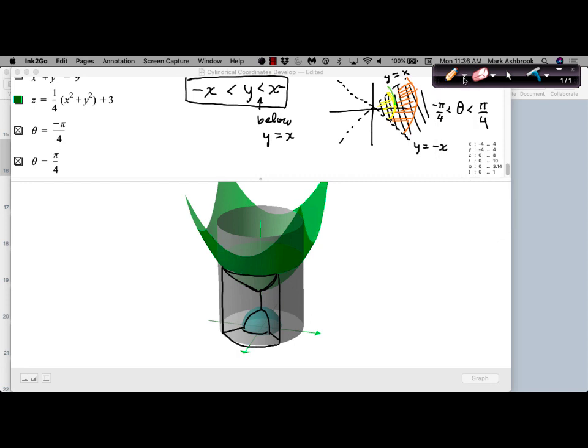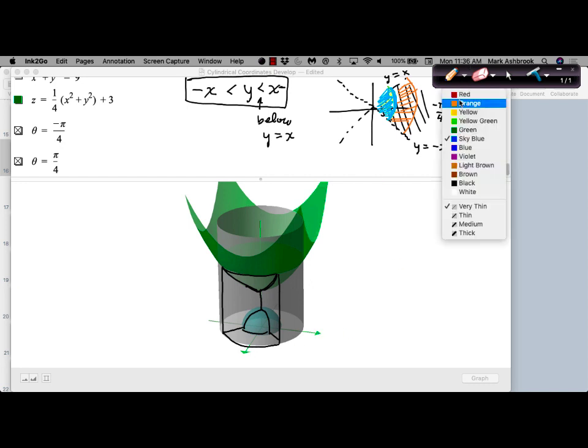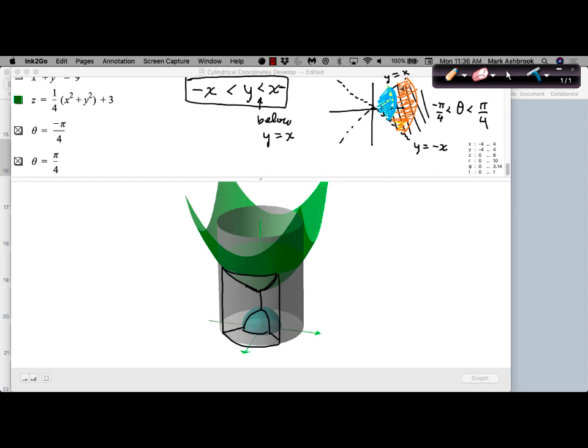Oh no, it's too blue to match the sphere, right? Sky blue, that's what I wanted. So that's the sky blue sector coming through, and the orange is like the gray plane. Make sense?